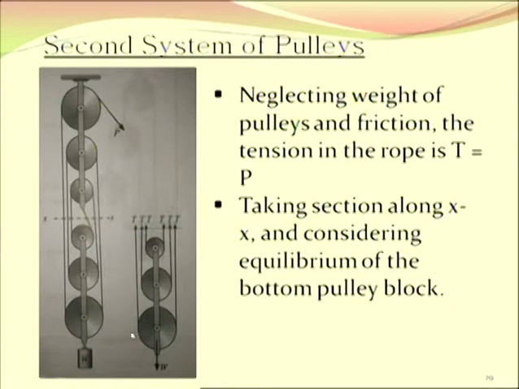From that section we can find T, the tension in the rope. Here a total of 3 and 3, 6 ropes are cut, and at the bottom we have a load of W. So considering equilibrium of the bottom pulley block, we have 6 tensions, 6T, and below that W. So 6T minus W is equal to 0.